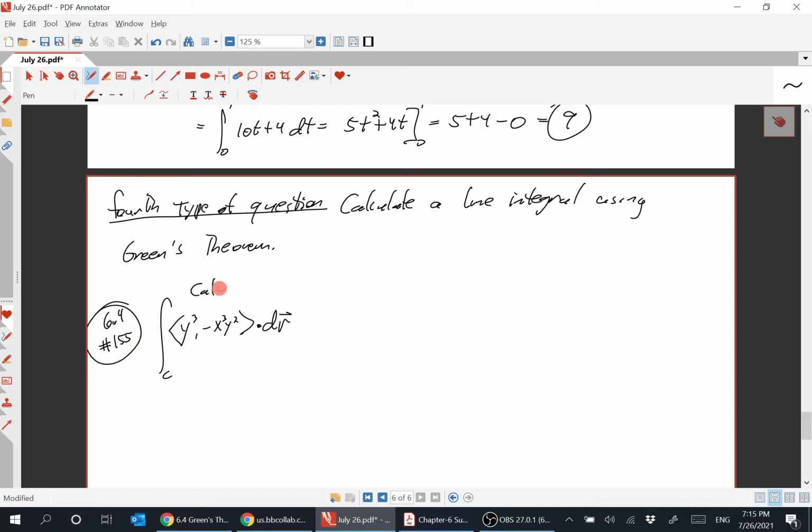So calculate this, where C is that circle of radius 2, the whole thing oriented counterclockwise.